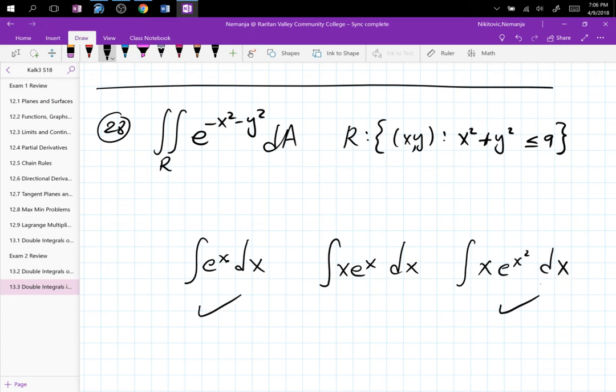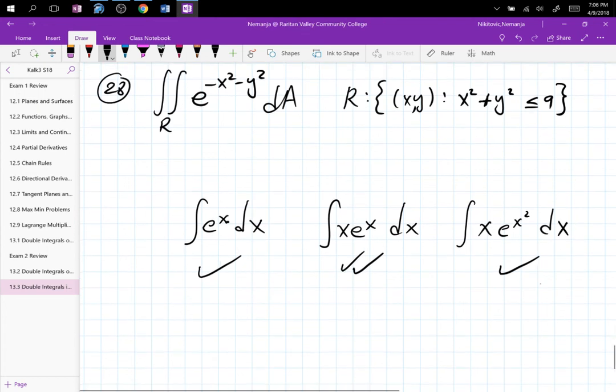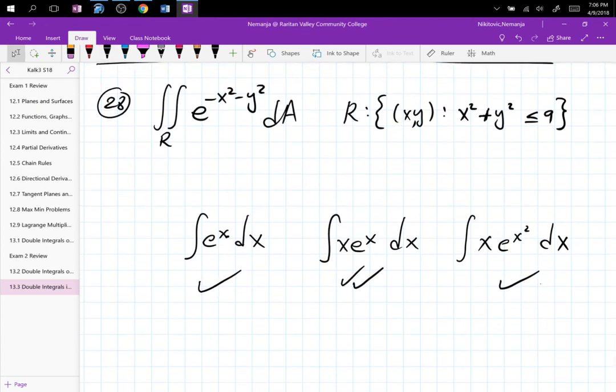So this is Calc 1, this is Calc 2. The one that you cannot integrate is just pure e to the x squared dx. This one you cannot integrate unless you use power series, which I believe I had on my exam.